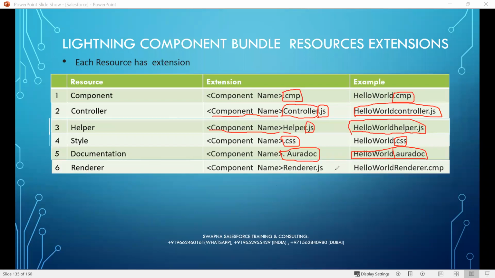Renderer has the extension dot js, and it adds Renderer to the component name. For example, if my component name is helloWorld, it will be helloWorldRenderer, and the extension is JS.